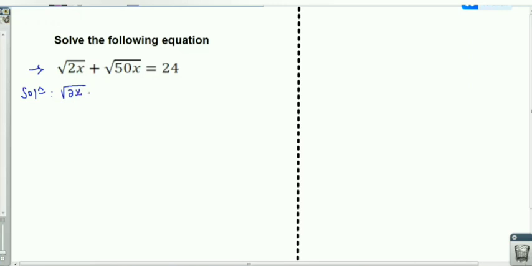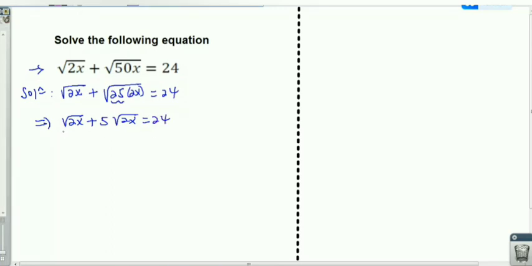So radical 50x can be written as radical 25 times 2x. I can take out this 25 from the radical, so it becomes radical 2x plus 5 times radical 2x, which equals 24.